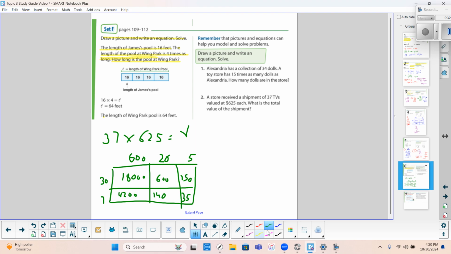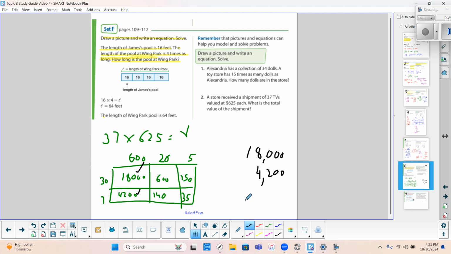So now that we have all our pieces, let's add together. Our biggest place value is ten thousands, so 18,000. This is so much harder to do without a stylus, so I apologize for my ugly handwriting. Then in the thousands, we have 4,200.